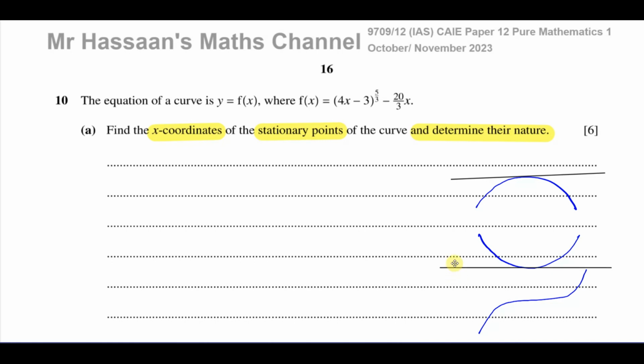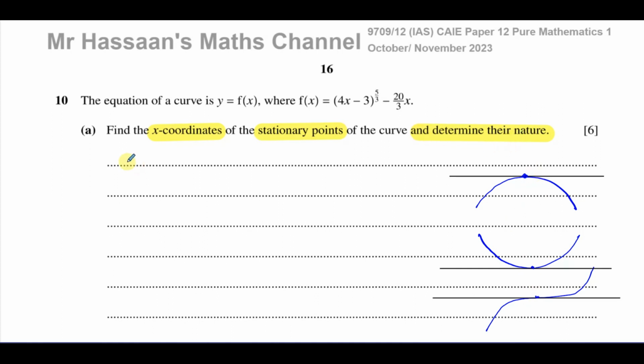And for the point of inflection, if I drew a tangent at the point where it changes curvature, the gradient there would be 0. That's supposed to be straight, sorry. So these are the stationary points: you can have a maximum, a minimum or a point of inflection, and that's what they mean by determine their nature.